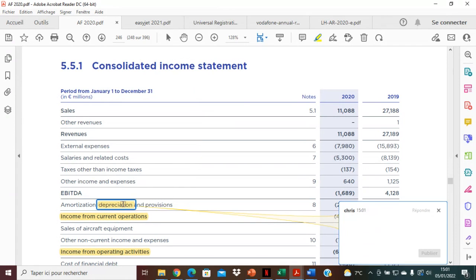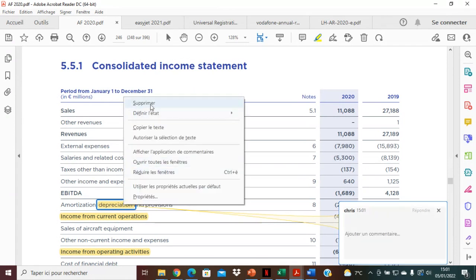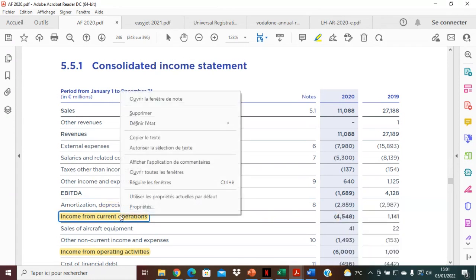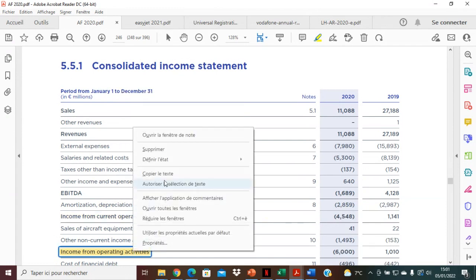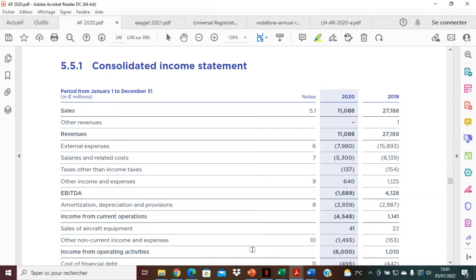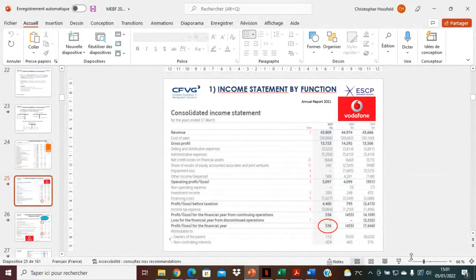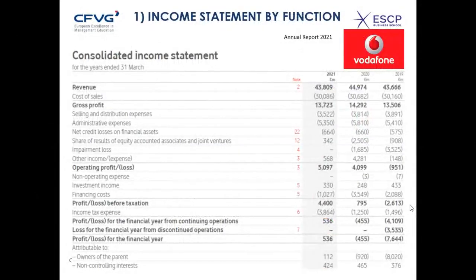Okay, so far so good on the income statement presentation. Any questions up to now? So it can be presented by nature or by function. So which companies choose the functional presentation, which companies choose the presentation by nature?